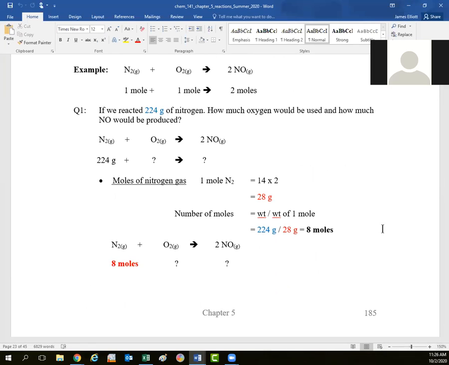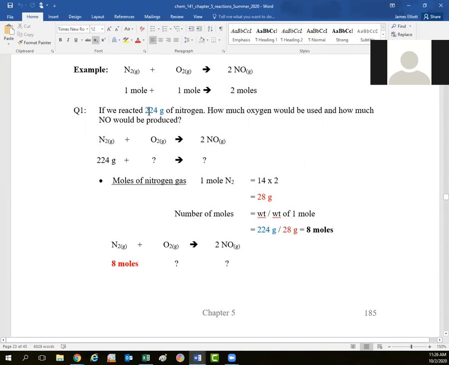So if we look at an example, the kind of thing that might pop up in a chapter 5 homework or exam, we've got the original balanced equation, 1 mole of nitrogen reacting with 1 mole of oxygen to produce 2 moles of the nitric oxide, NO, which nitric oxide is a common name, but we would refer to it as nitrogen oxide using nomenclature theory.